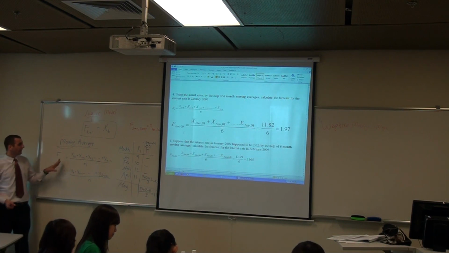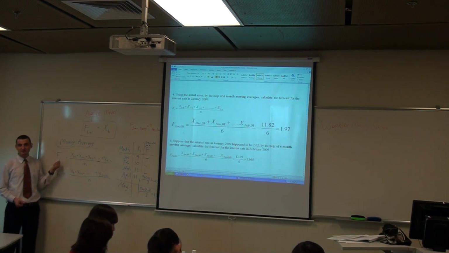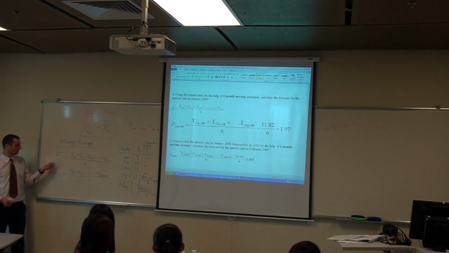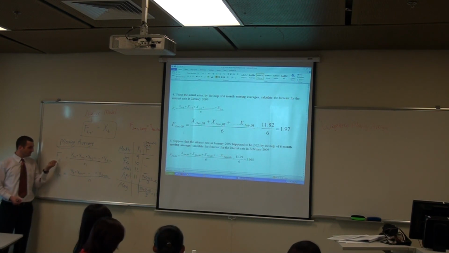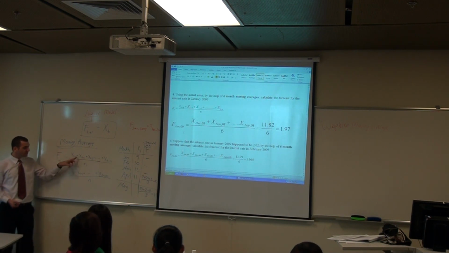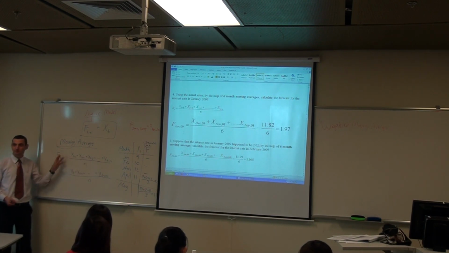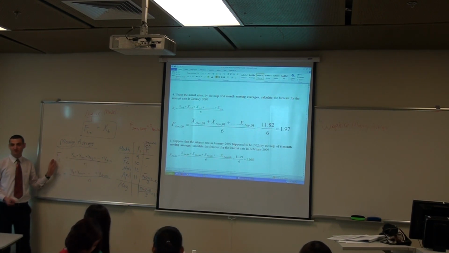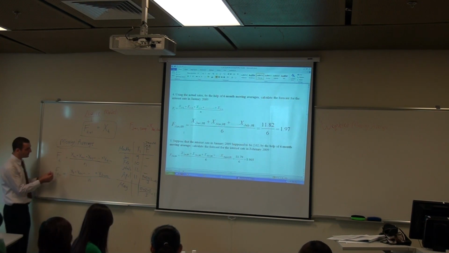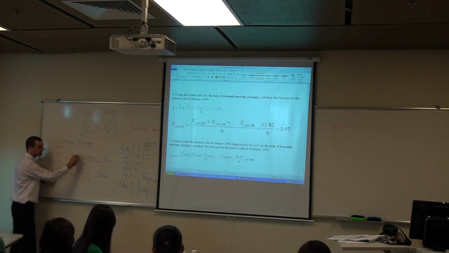When I calculate this forecast, I assume what? Each value in the past has an equal amount of contribution to the forecast. Look at here, what are the coefficients here? 1, right?